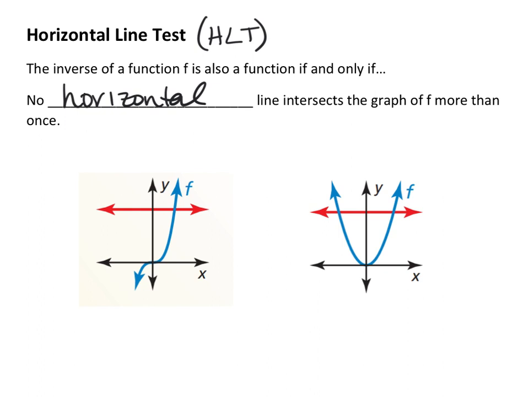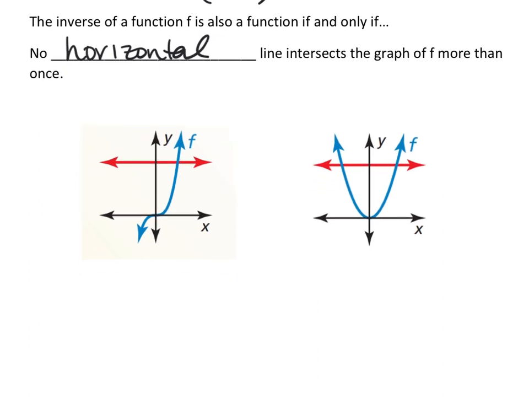So in this first example, the function itself is blue. So if you want to highlight the actual function for yourself, since I know yours are in black and white. This little squiggly, it's called a cubic function. We've studied it a little bit before. That cubic function, if we were to take this red line and move it all the way up and down the graph, would it ever cross the graph more than once?